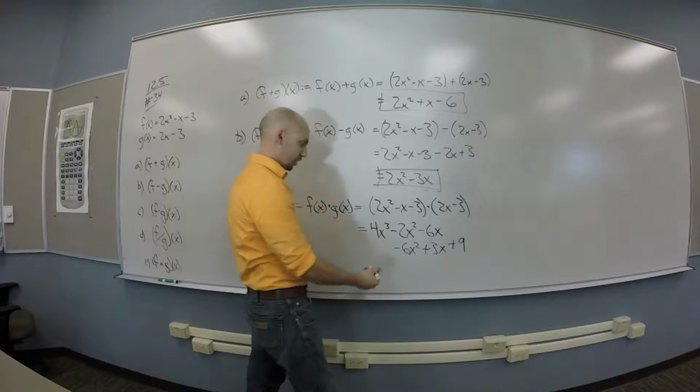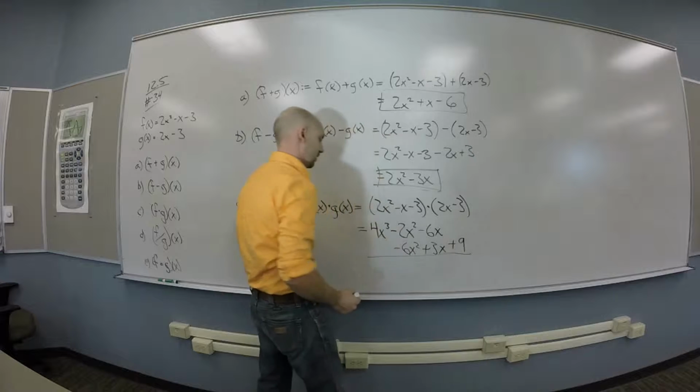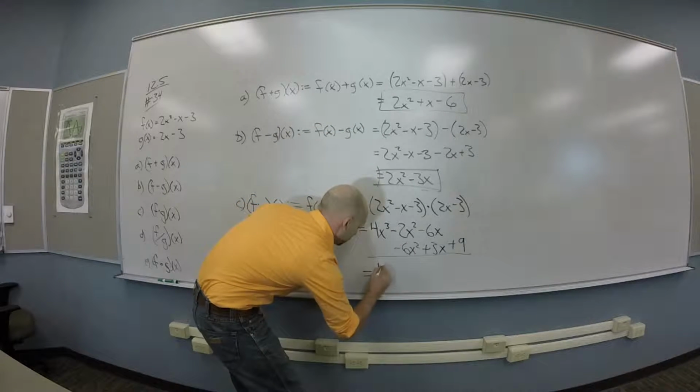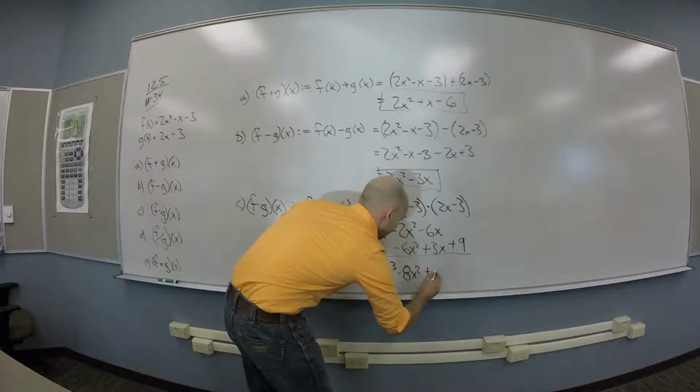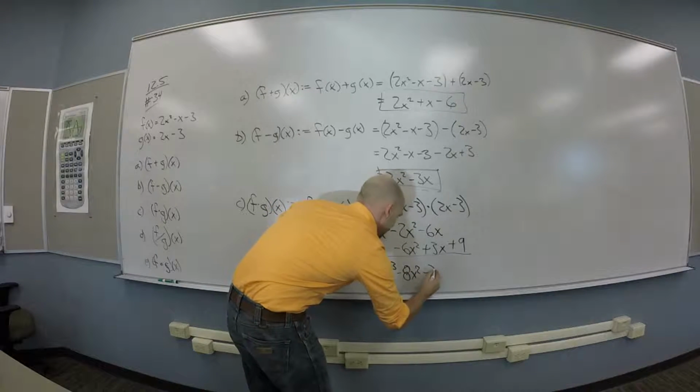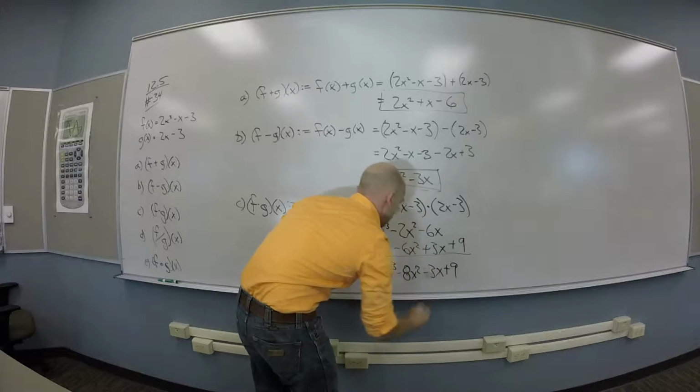Cool. And then we should add these together. So we should get 4x cubed minus 8x squared, minus 3x plus 9.